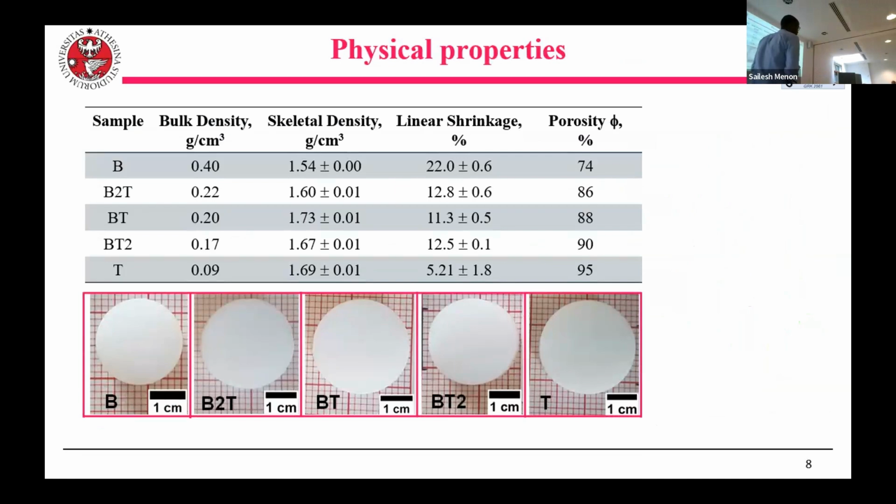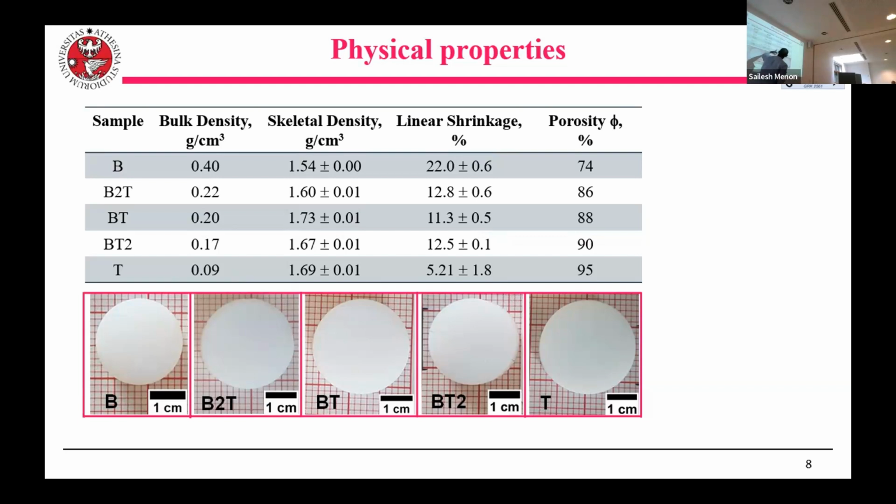Now, when it comes to the physical property, first let's see the linear shrinkage and the bulk density. As you can see, the pure BTM sample normally has a very high linear shrinkage, and that's why they have a high bulk density. Whereas the pure trial sample shows a very low shrinkage, around 5%, and therefore a very small bulk density.